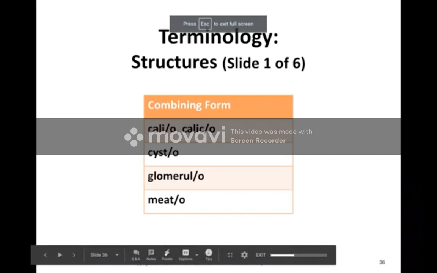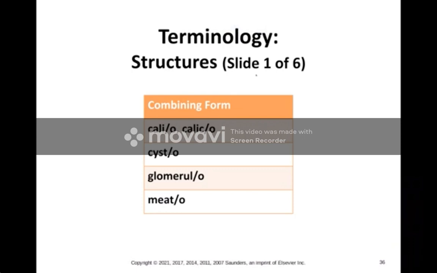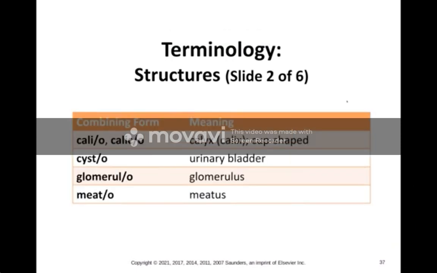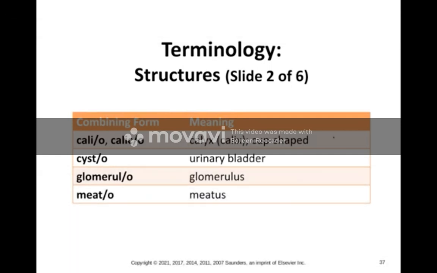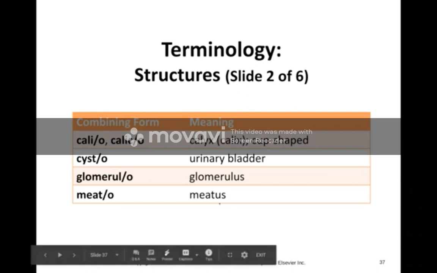Okay, so we'll go through some of the prefixes, terminology structures now. So calyco or calyceo, which is calyx, cup-shaped. Cysto, urinary bladder. Glomerulo, which is the glomerulus. Meato, for meatus.